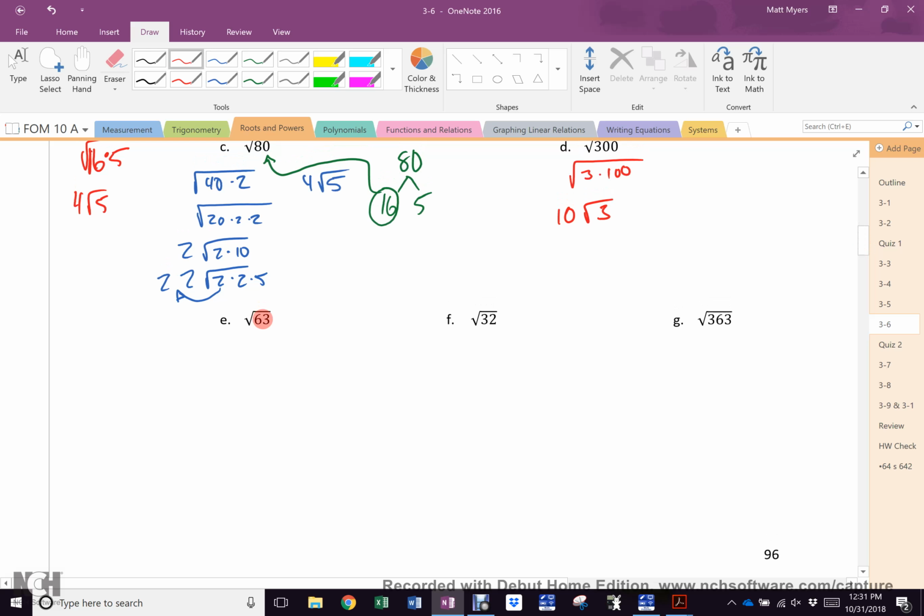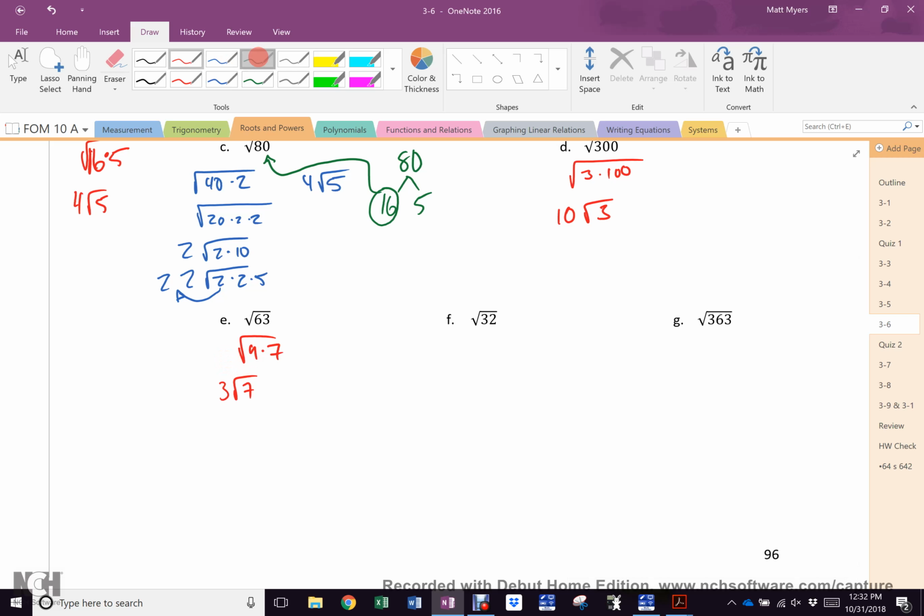Is there a perfect square that I can bust out of 63? 7 times 9. Does 9 have a square root? What is it? So what comes out? What stayed under there? But notice everybody in the class didn't immediately say 7 times 9, did they?